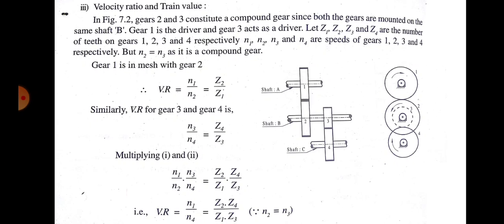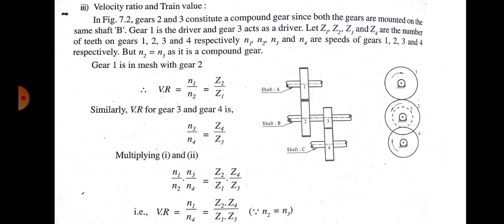Okay. And you need to note one more thing here. The speed of the second gear and the speed of the third gear will be same. Why will it be same? Because they are connected to the same shaft. Right, even though their number of teeth may vary, but they are connected to the same shaft, isn't it? So speed of the second and speed of the third will be same in this case.